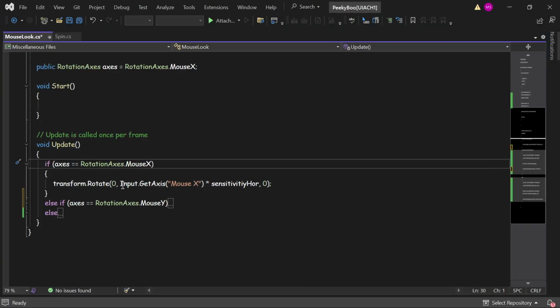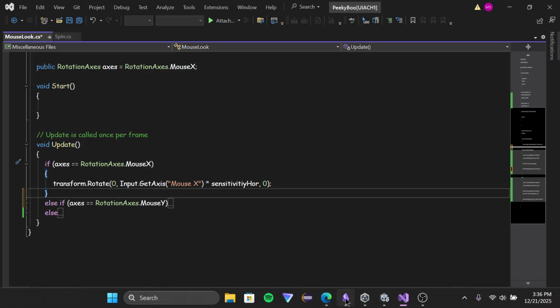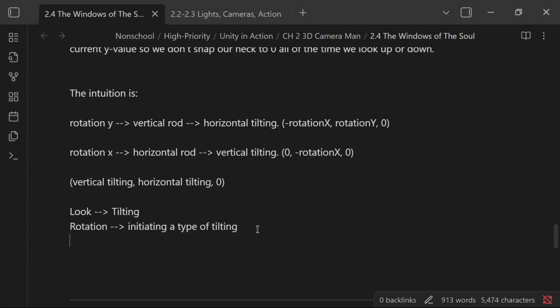And you might be asking, if we're going to use mouse X, then why is X not here and why is it here? So these are rotational positions. This is a rotational X, this is a rotational Y. I guess a better way to explain it is probably to do this, right?